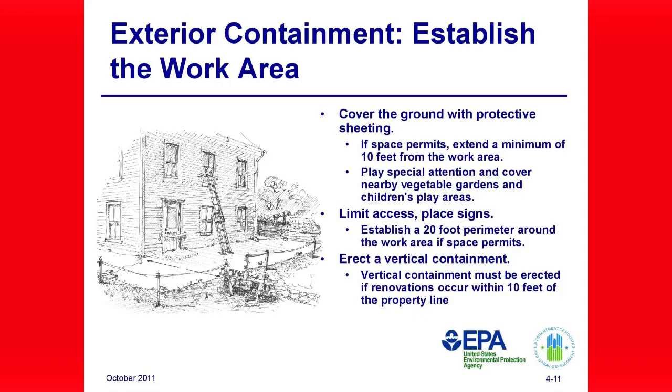Limit work access to the work area by placing orange cones, sawhorses, and warning tape around a 20-foot perimeter. So again, the plastic is a minimum of 10 feet from your work area, but the warning signs and limiting access to the work area is a 20-foot perimeter.